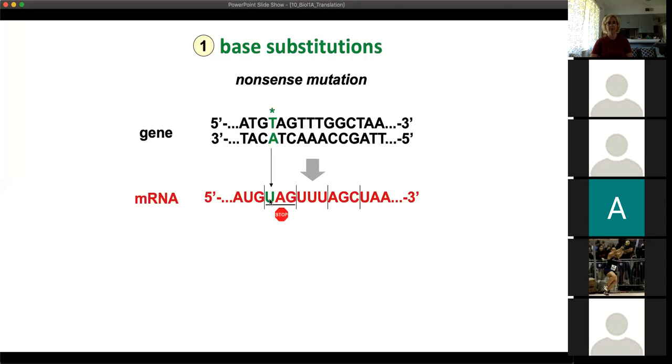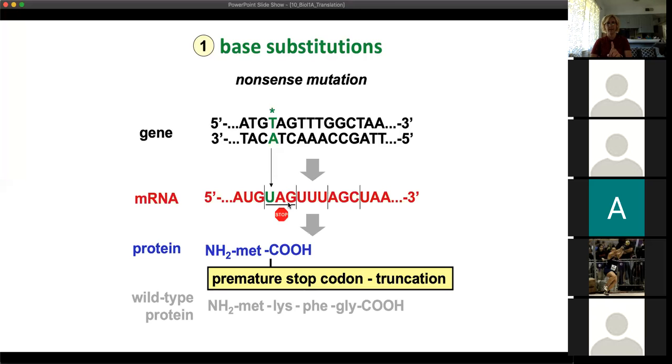So now our transcript, instead of reading AAG, reads UAG. And that's a stop codon. So now our protein is simply methionine, when it should have been methionine, lysine, phenylalanine, and glycine. This is generally an issue.